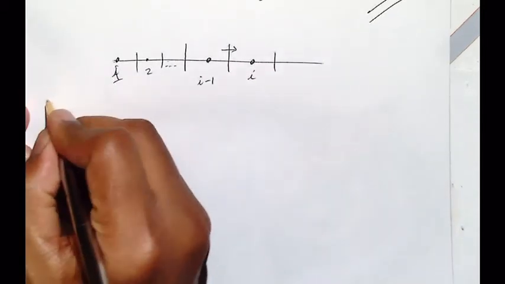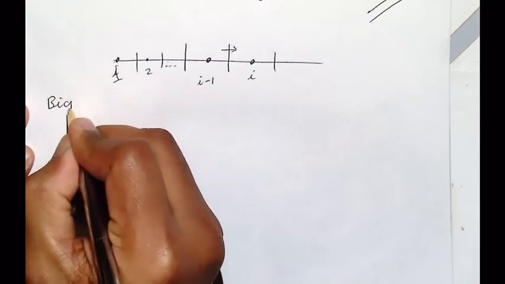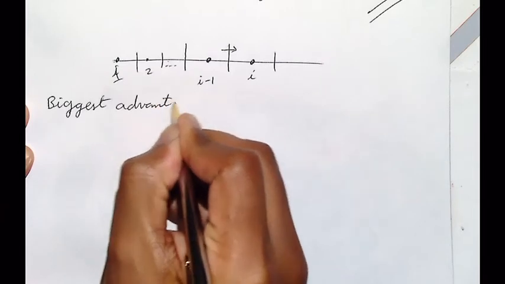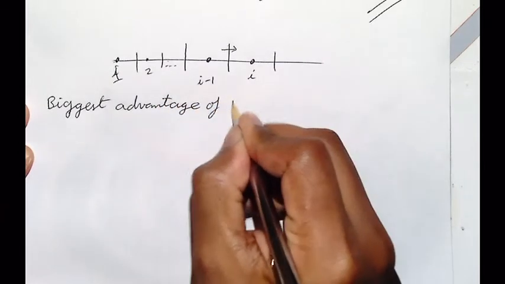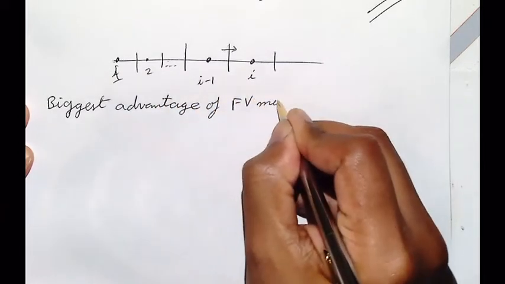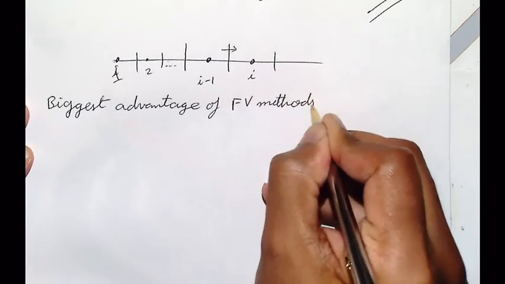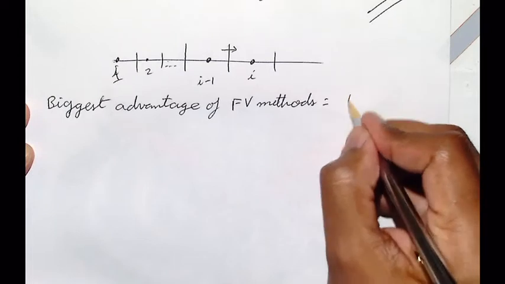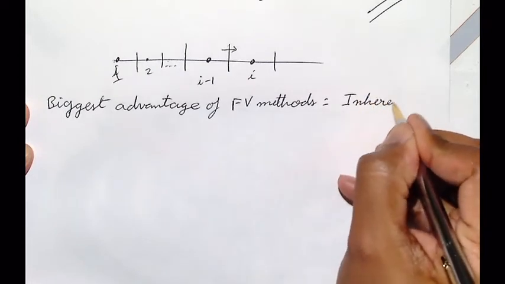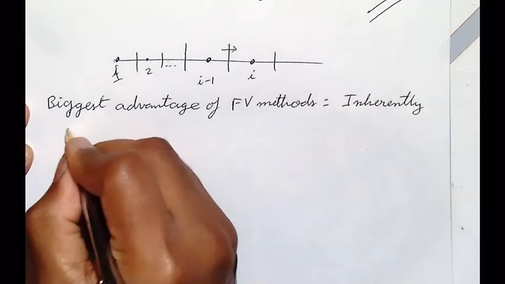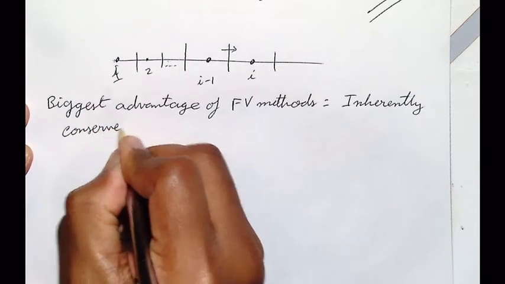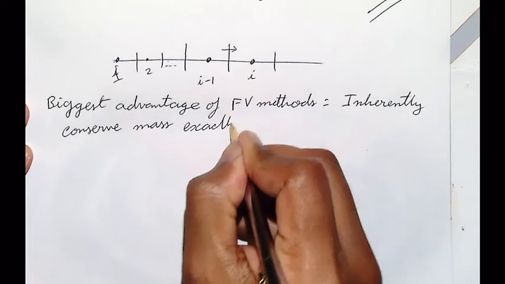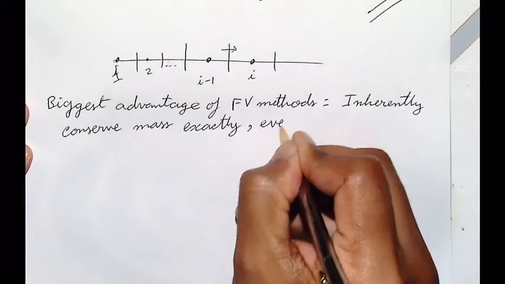Biggest advantage of finite volume methods: they inherently conserve mass exactly, even for coarse grids.